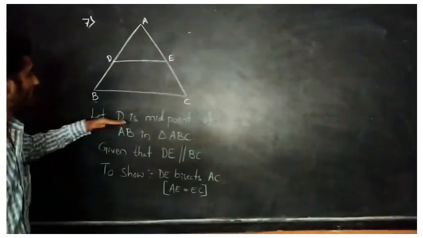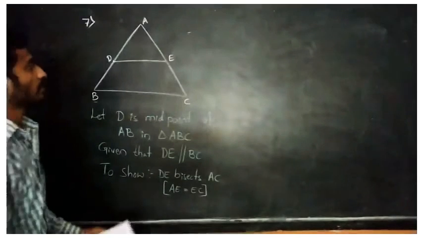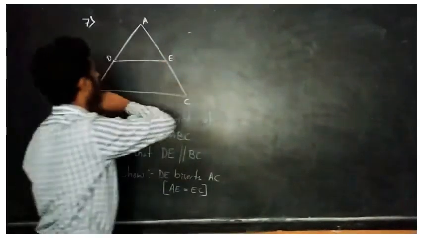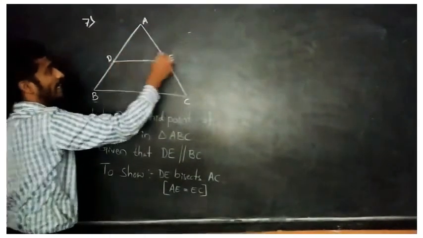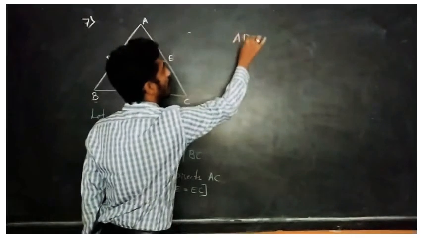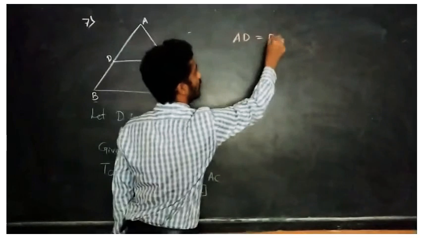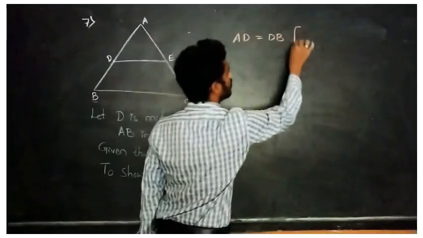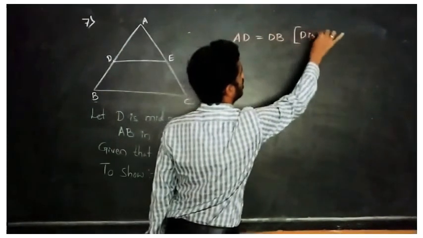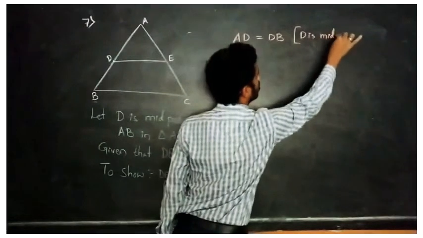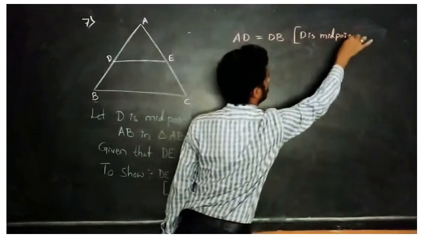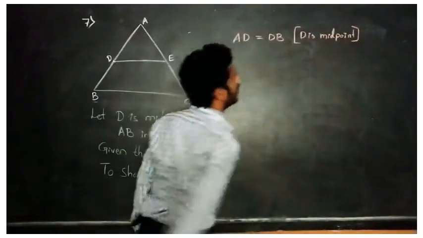How to do? First they given D is the midpoint. So if D is the midpoint, then what will we get? We will get AD equal to DB. Reason: D is the midpoint.